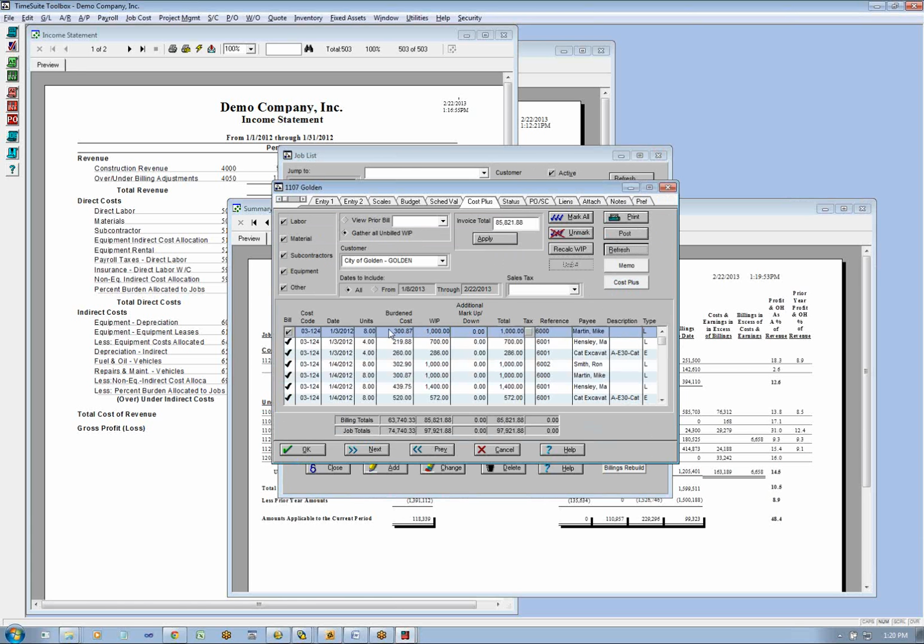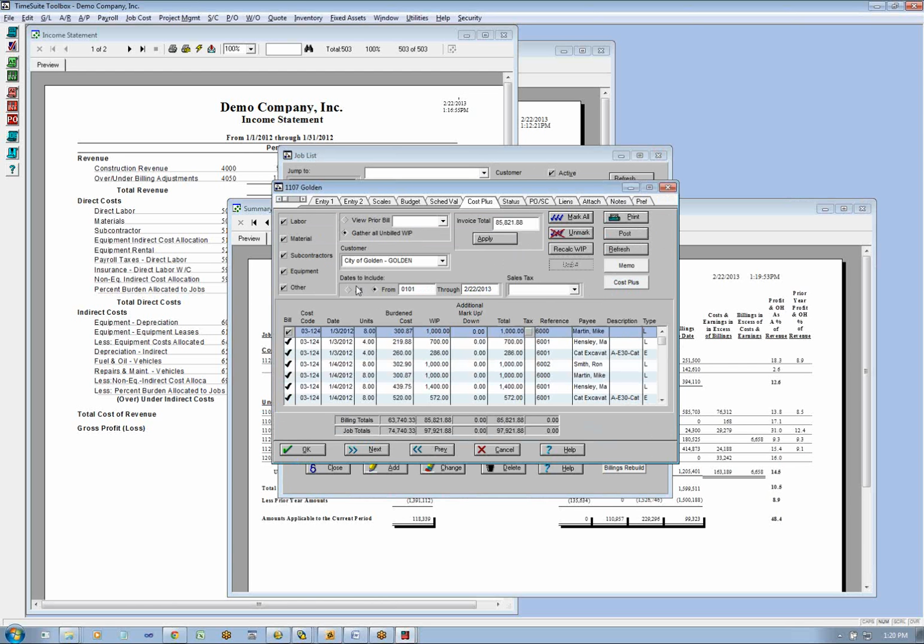So your work in process is your marked up cost. So 85,000 overall, 63,000. This can be a little misleading because if you had accrued wages, this area doesn't pull in the accrued wages correctly. It'll do it based on check date rather than the work date, but I think I can give you an example.